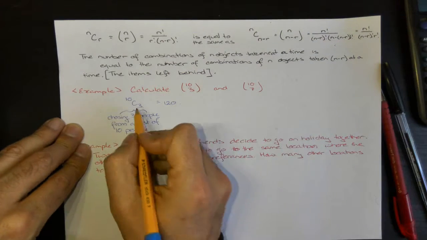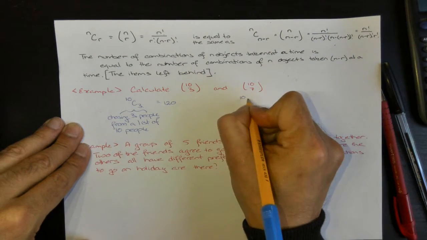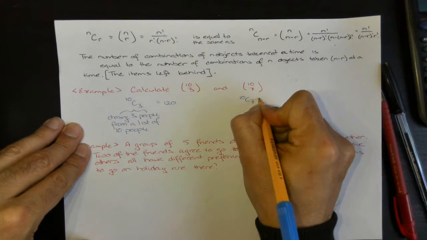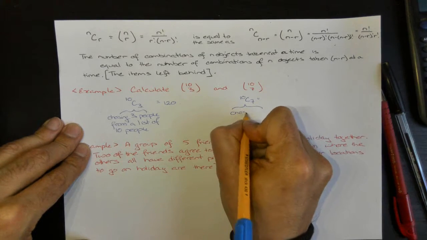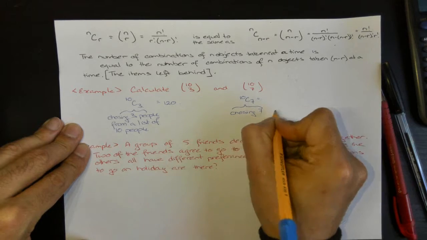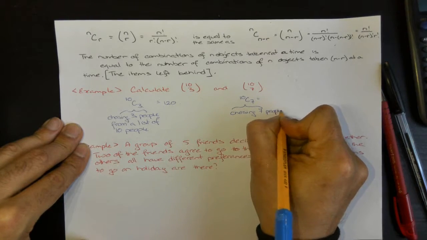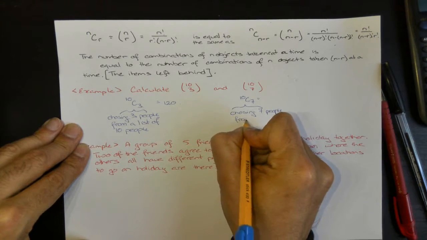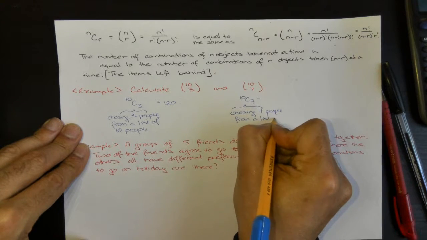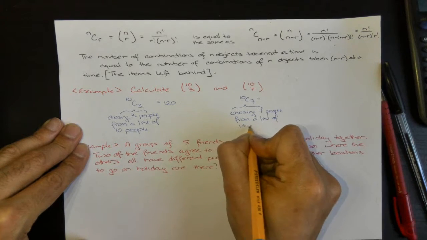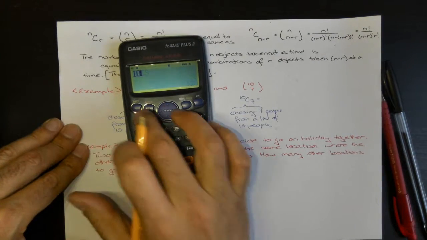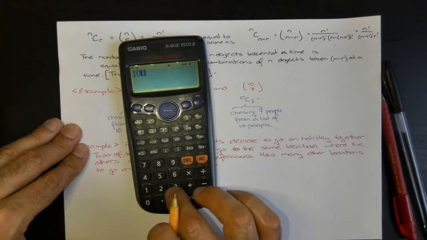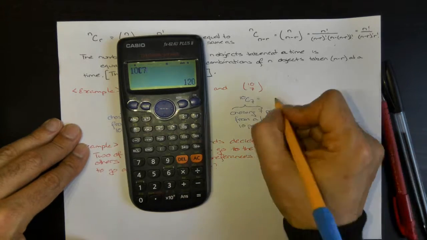So if I've chosen 3, there's obviously 7 people remaining. So choosing 7 people from a list of 10 people. If I do 10 choose 7, I get 120.